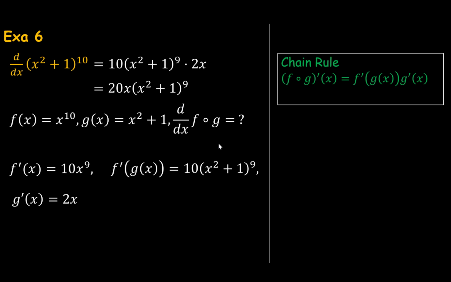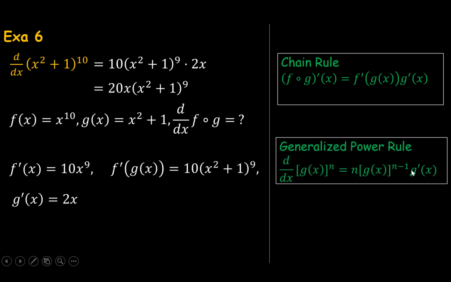Now, in practice, our function often is a composition of a power function and some other function. Exactly like the case here, something to the nth power and then g(x). In other words, the function looks like g(x) to the nth power. And for that, we can actually write down a special case of the chain rule, and that is called the generalized power rule.